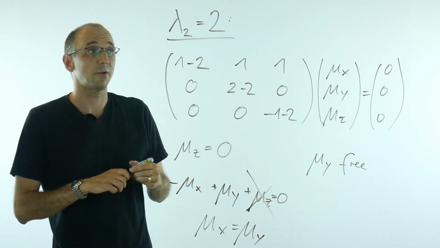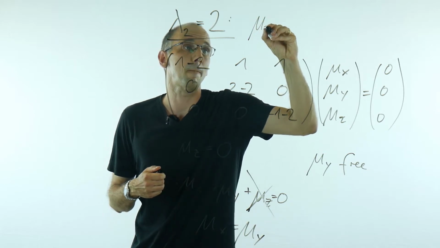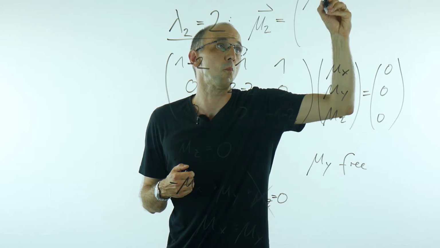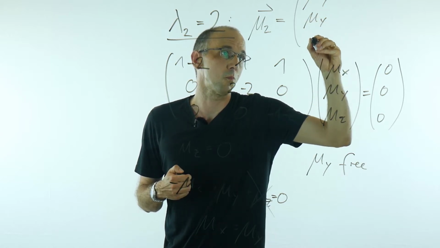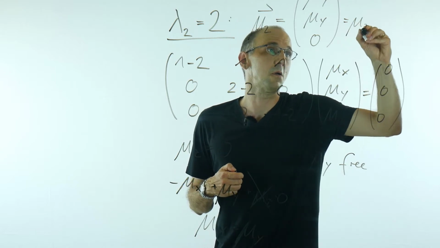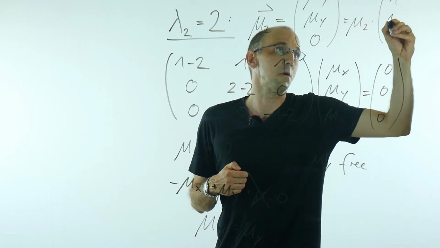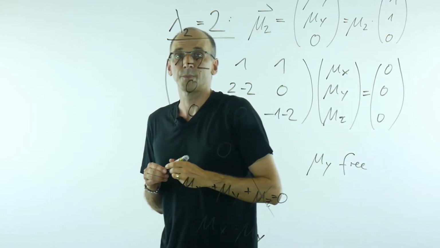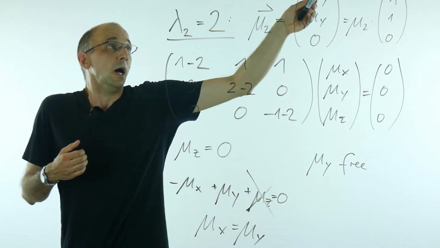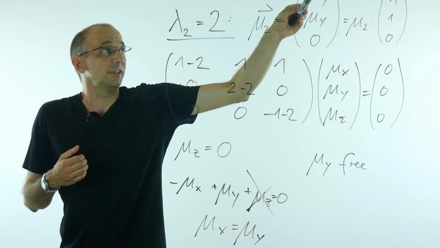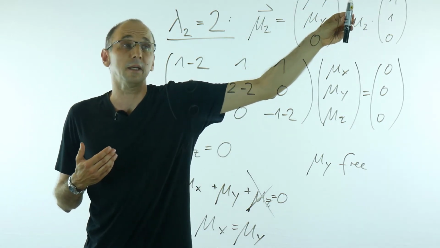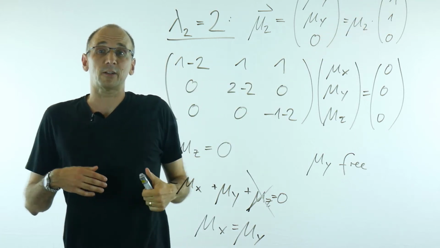This then now means for the solution that either I put in the same coefficients in the x and y position, or I take out the length again and have the vector 1, 1, 0.